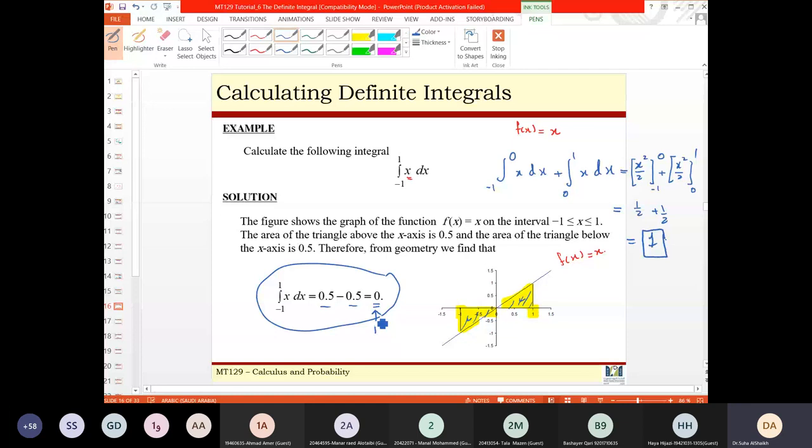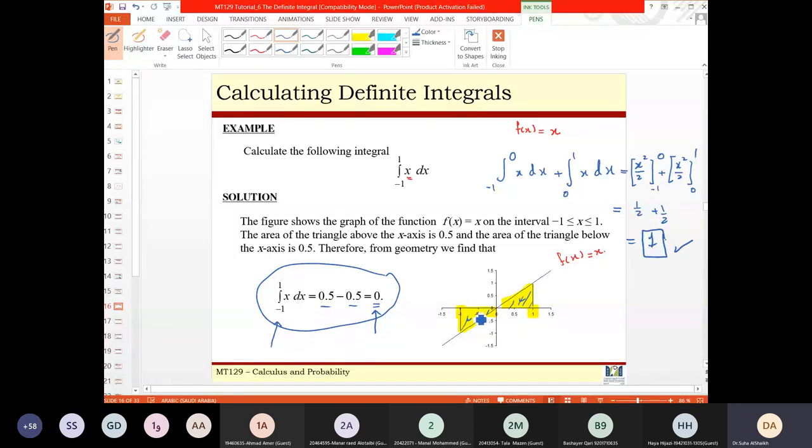Are you getting what's happening here? The thing is, they want the integration from -1 to 1 of x. If I find the integration without dividing from -1 to 0 and then from 0 to 1, the result will be 0. But if I use my method, dividing the integration from -1 to 0 and then from 0 to 1, it will be half plus half, which equals 1. Which is the correct thing, because actually I have area.